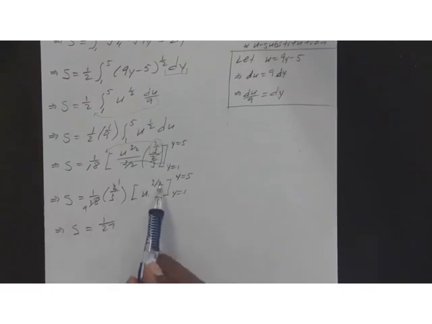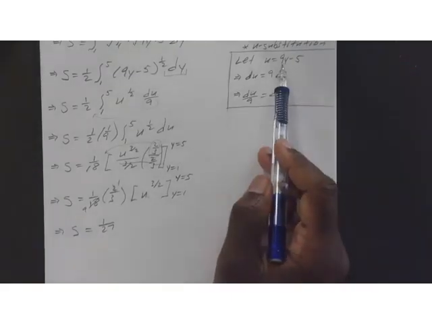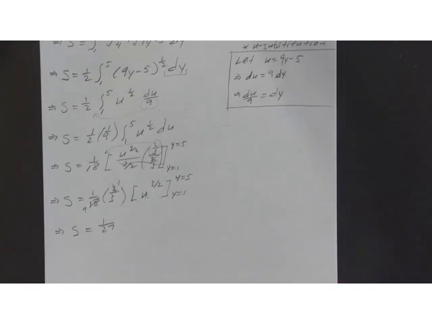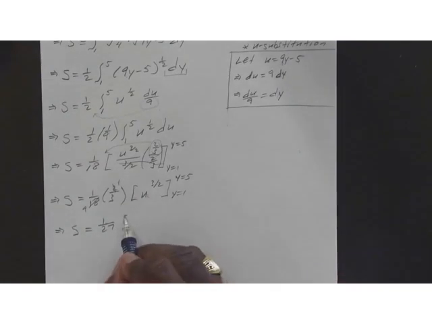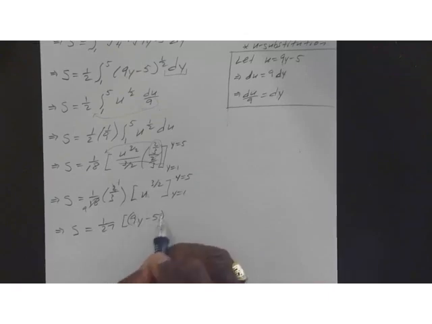And instead of u to the 3/2 power, you can make that 9y minus 5 to the 3/2 power. This way we can plug in our y values, no problems.